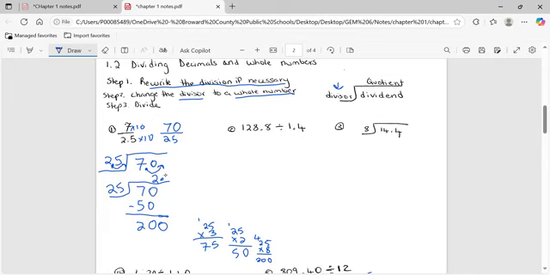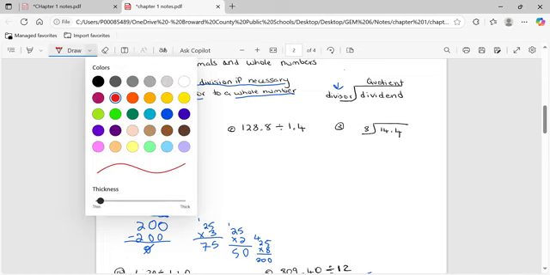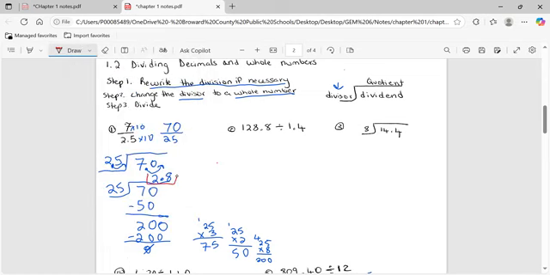So yep, it is 200. 8 times 25 is 200. I already did the work, and I'm done. So my answer, let me put a little different color for you, my answer is going to be 2.8. We could write it to the side, 2.8.